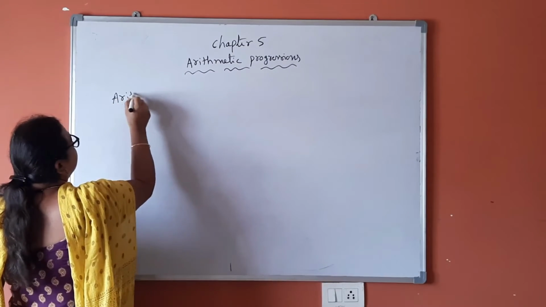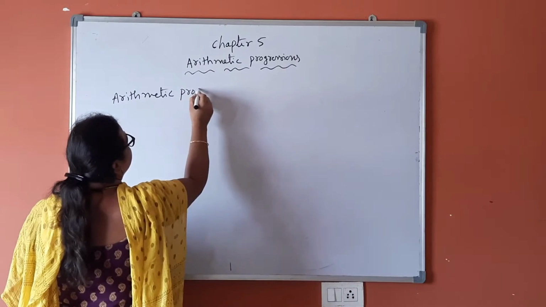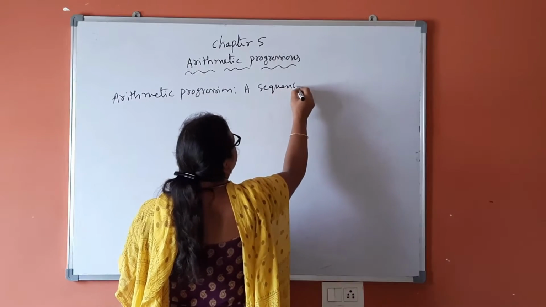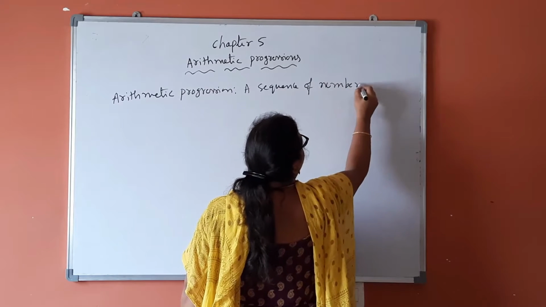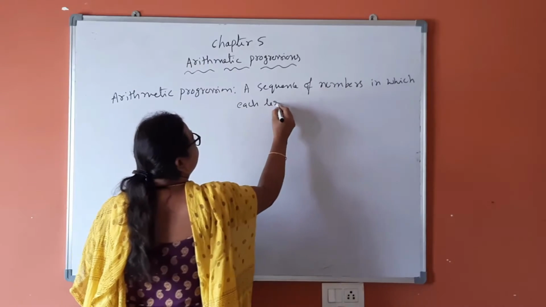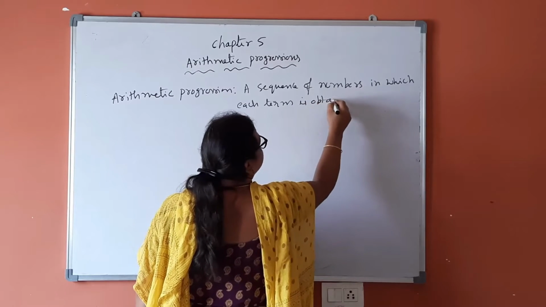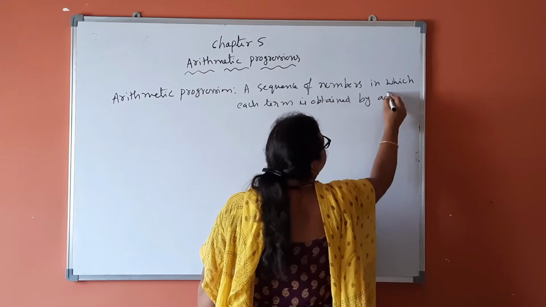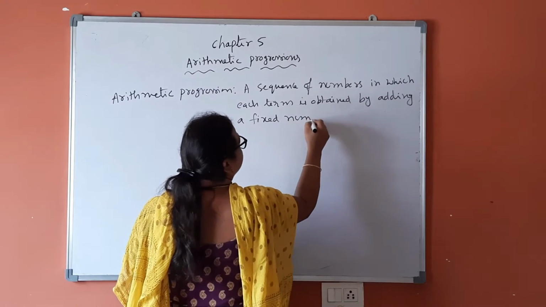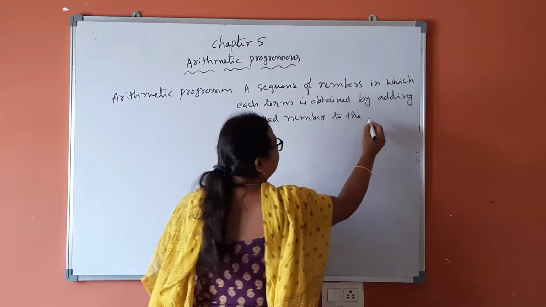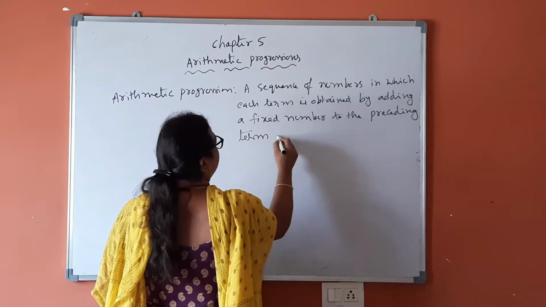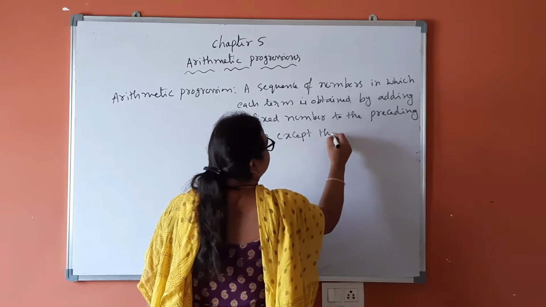Arithmetic progression. What is an arithmetic progression? A sequence of numbers in which each term is obtained by adding a fixed number to the preceding term except the first term.